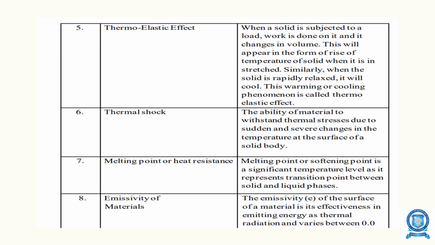The thermoelastic effect: when a solid is subjected to a load, work is done on it and it changes in volume. This will appear in the form of a rise of temperature of the solid when it is stretched. And also we have thermal shock, then melting point or heat resistance, and emissivity of materials.